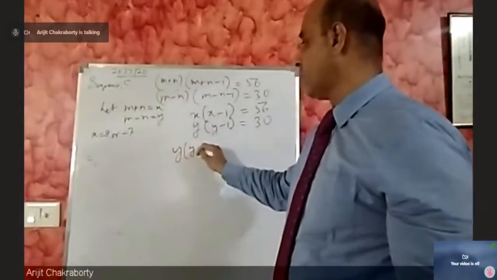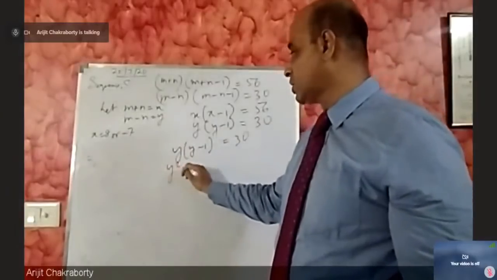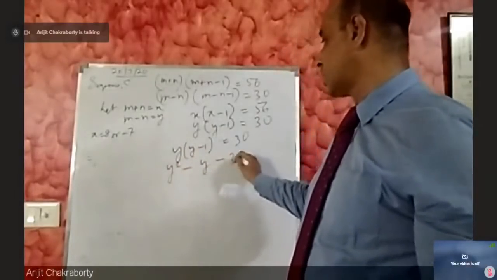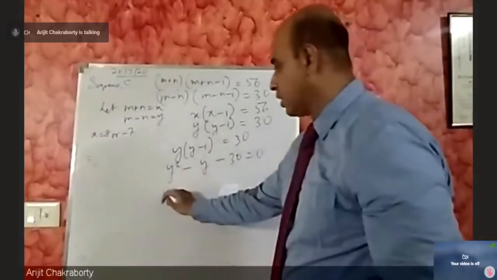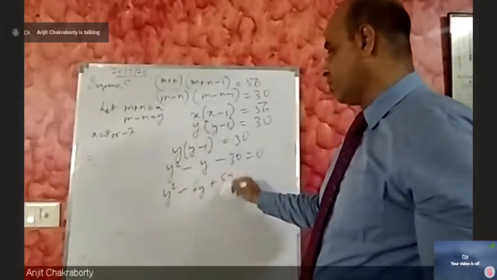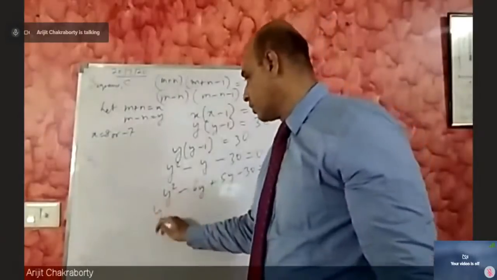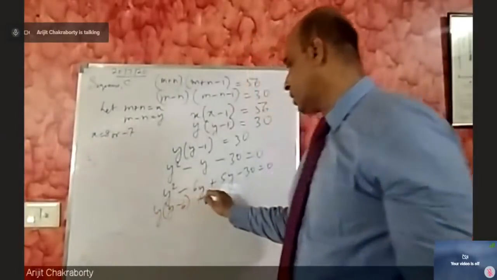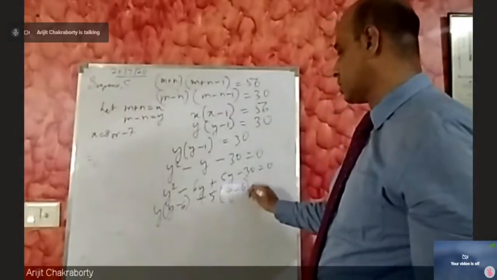Now we take this one: y into y minus 1 equals 30. So you expand it: y square minus y minus 30 equals 0. Split the middle term: y square minus 6y plus 5y minus 30 equals 0. Taking y common, y minus 6, plus you take 5 common, plus 5 into y minus 6 equals 0.